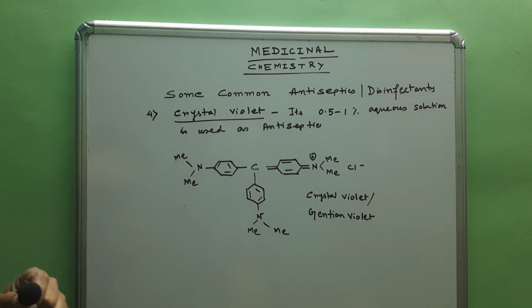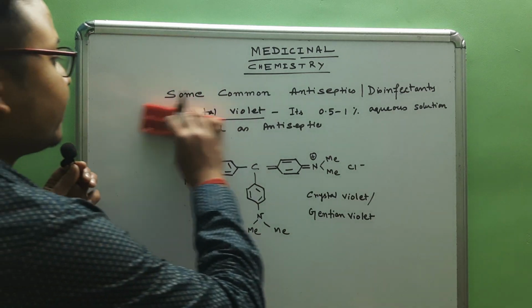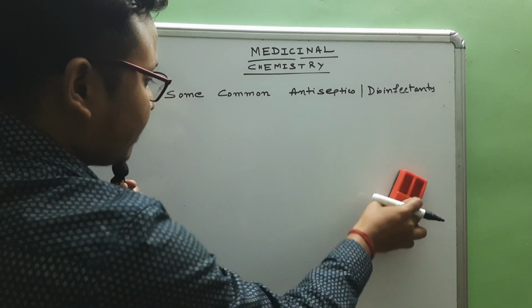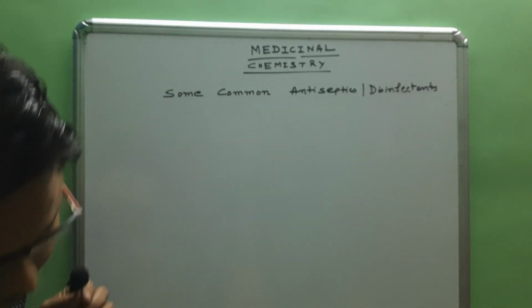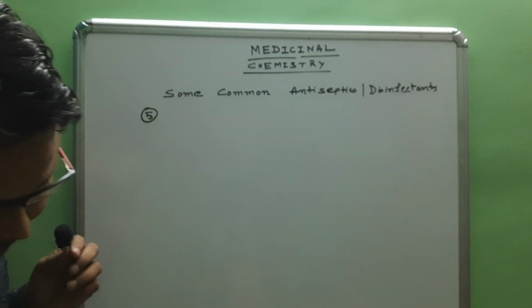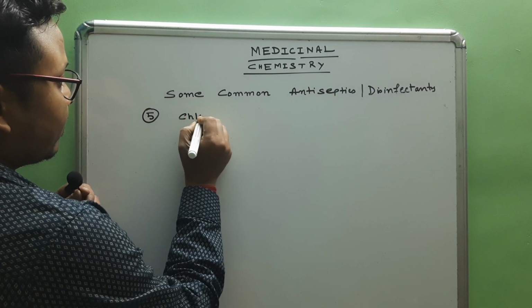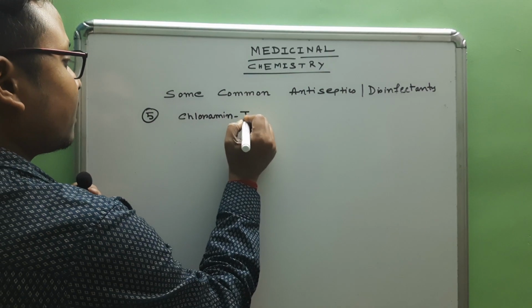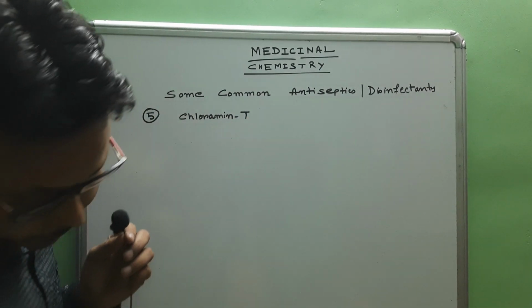Next example is chloramine T or chlorazone. What is chlorazone or chloramine T? And I think you can write down the formula of crystal violet. Our next and last example is chloramine T, or chlorazone.